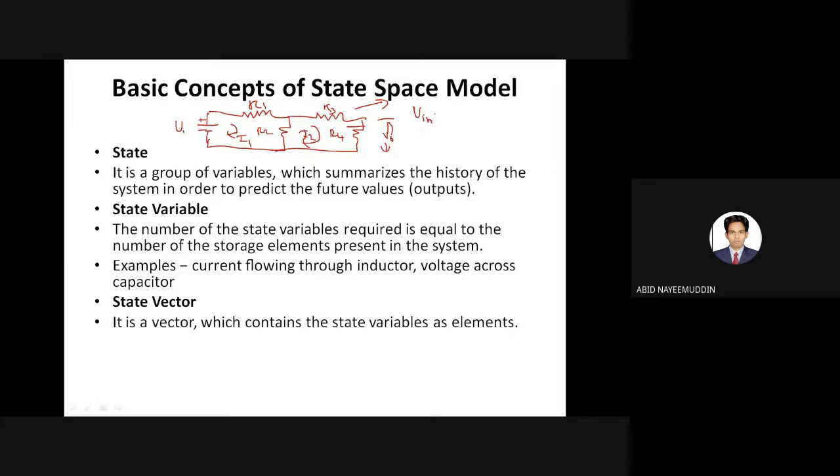You will get Vin is equal to I1 R1 plus I1 R2 minus I2 R2, and similarly 0 is equal to I2 R3 plus I2 R4 plus the common resistance R2 into I2 minus R2 into I1.